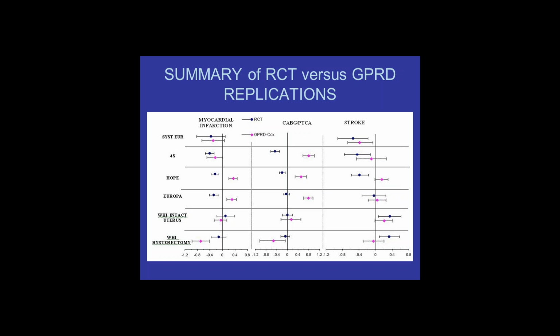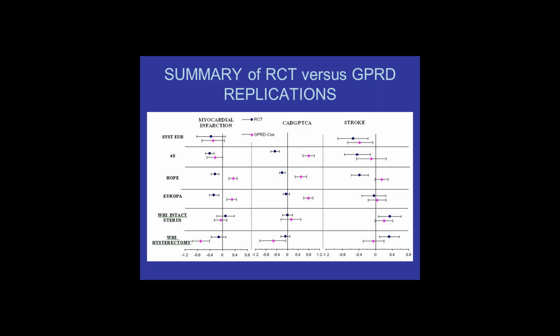Now, the dark dots and the bars around them, which are their confidence intervals, are from the randomized controlled trial study. The pink ones are from the database study, done exactly the same as the randomized controlled trial.